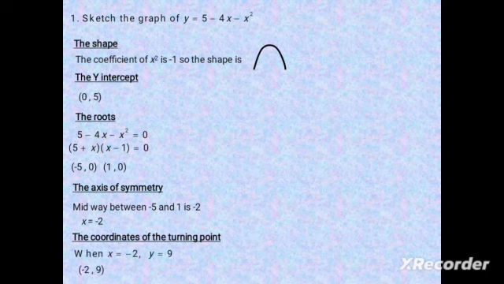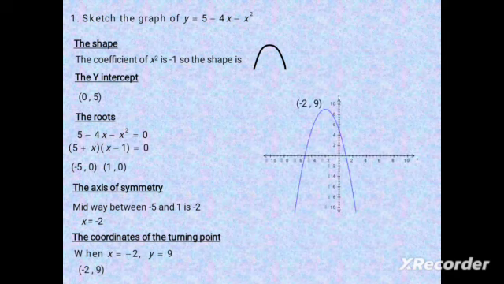So with that, we get the coordinate of the turning point as negative 2, 9. And now with all that information, we get to sketch our curve, our graph, and we have it as displayed here.